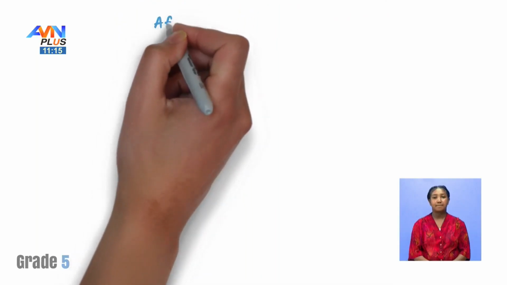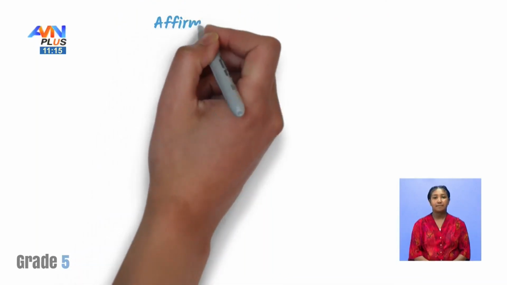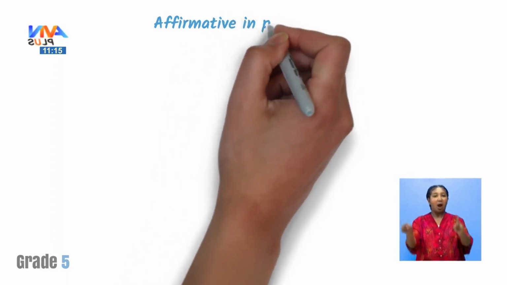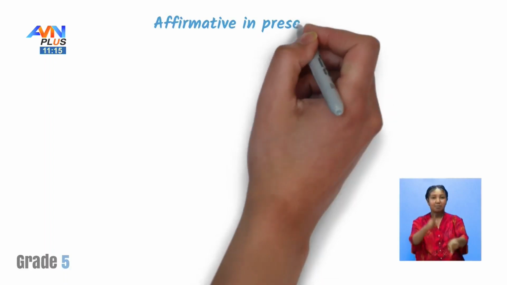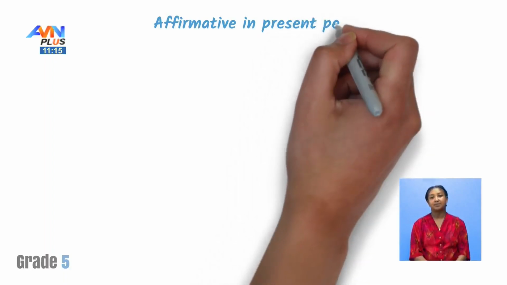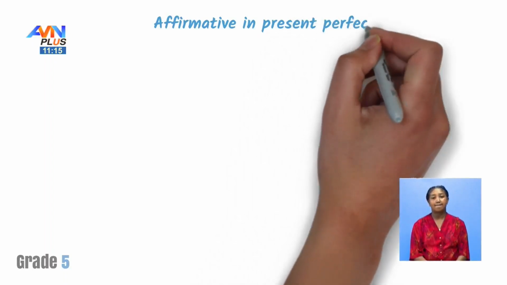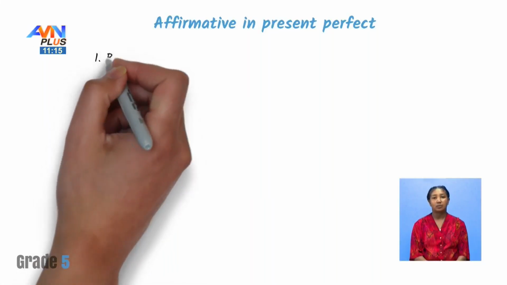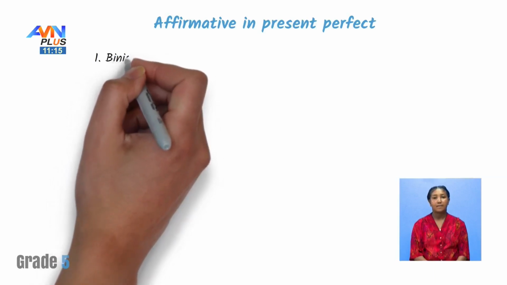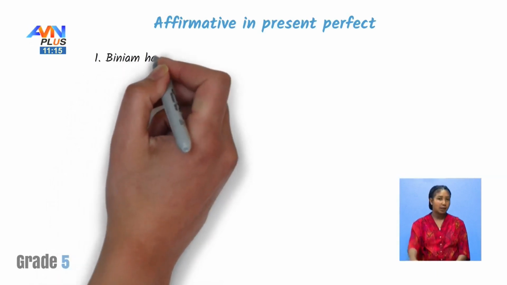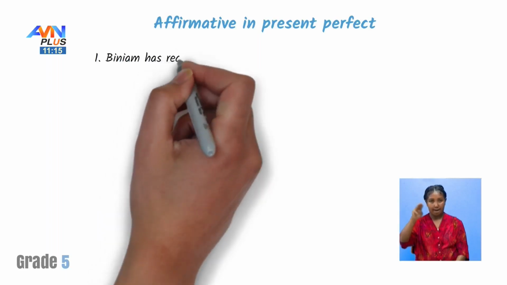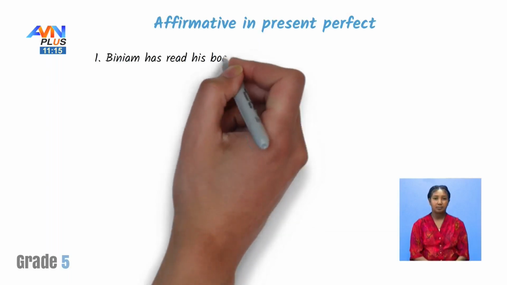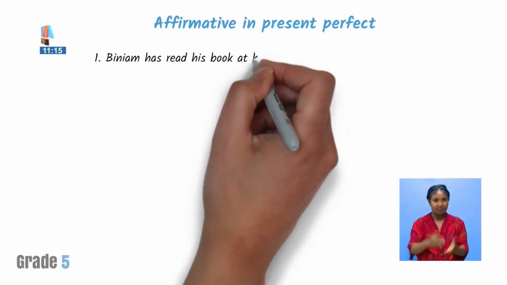Affirmative in present perfect tense. Here, Biniam has read his book at home.